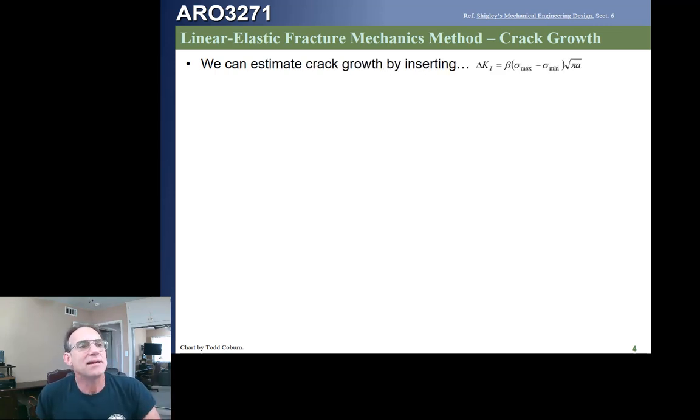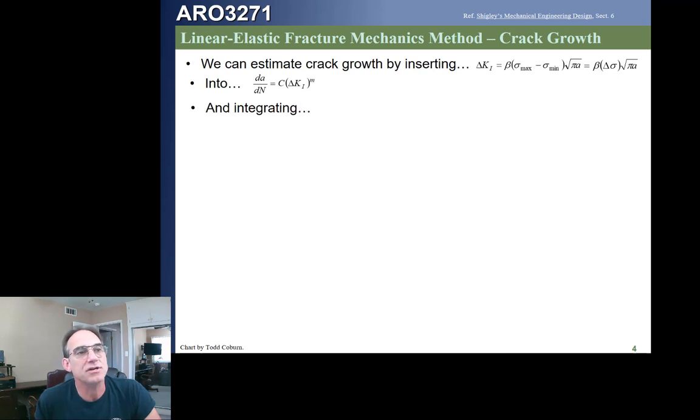So here's our basic method for fracture mechanics. We're going to start by using this equation. We're going to find what our max and min stresses are. We're going to plug that into this equation with the beta that is associated with this and the pi a. If we take that equation and recall that this is the equation dA/dN is equal to C delta K to the M power, we could integrate this as shown here.